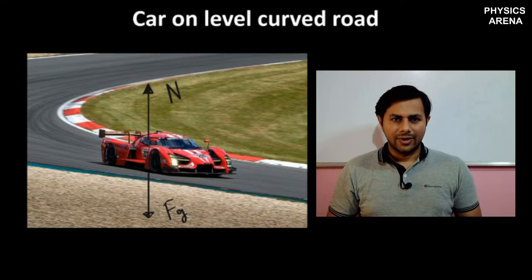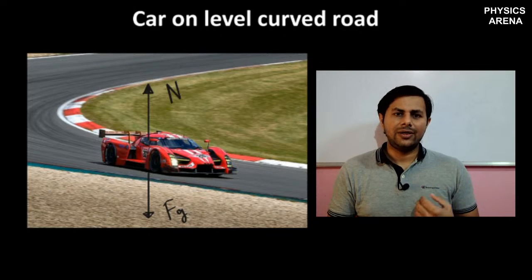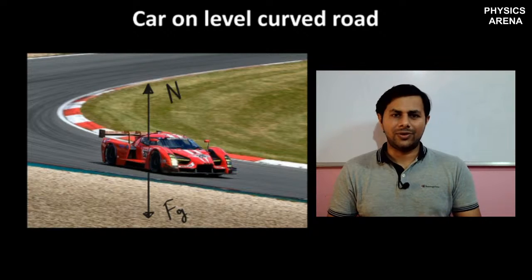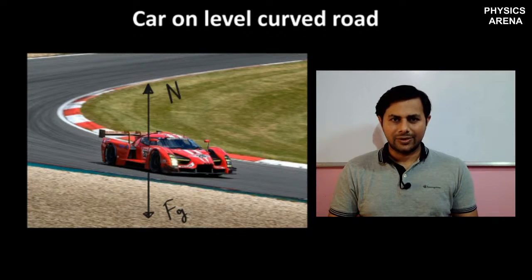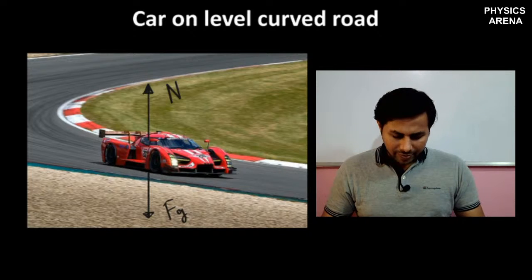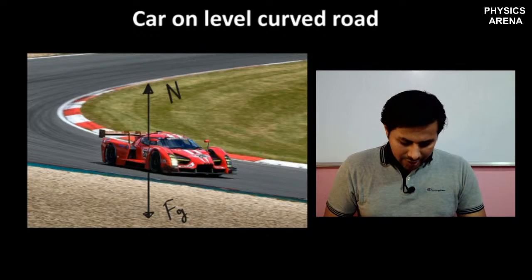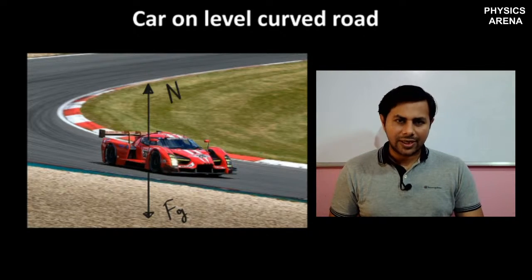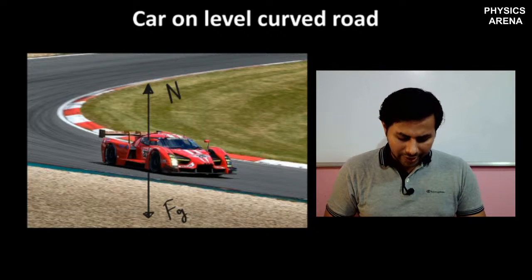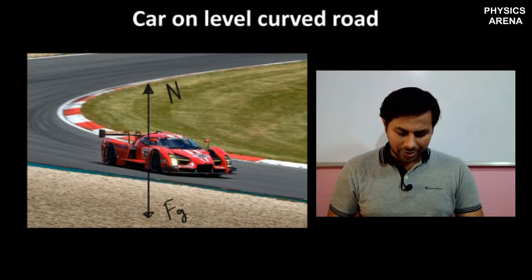But since you are in a non-inertial frame of reference, you feel as if there is some force acting on you, and we call that force a centrifugal force. The same force will be acting on this car, the centrifugal force, the pseudo force.